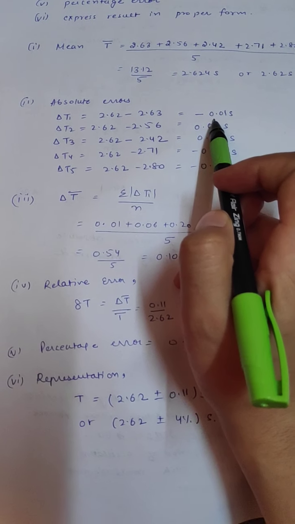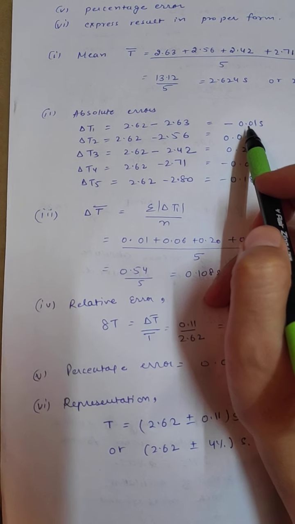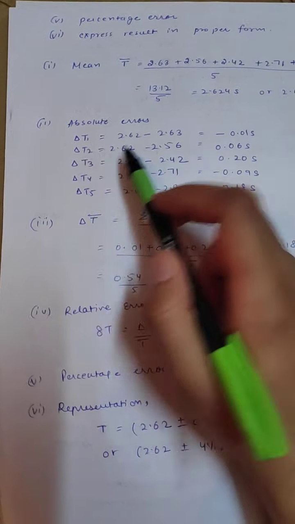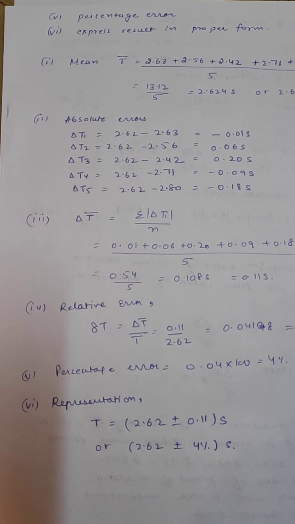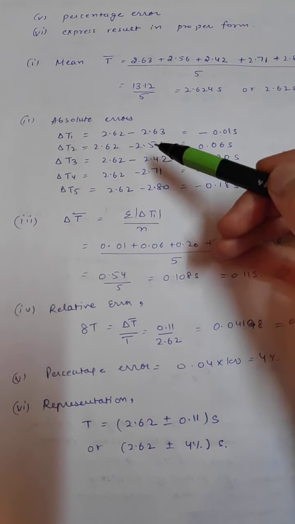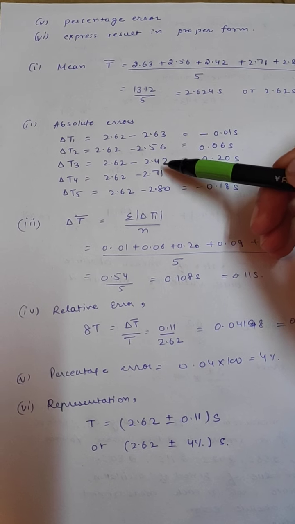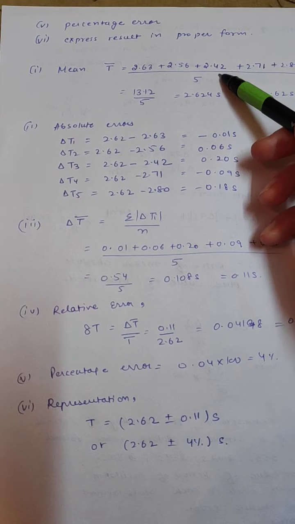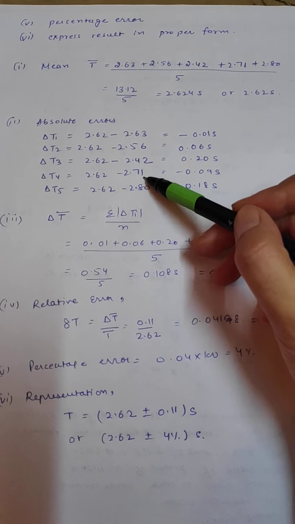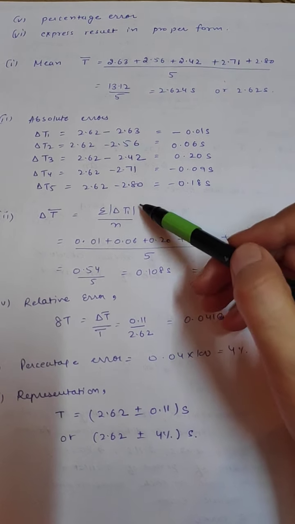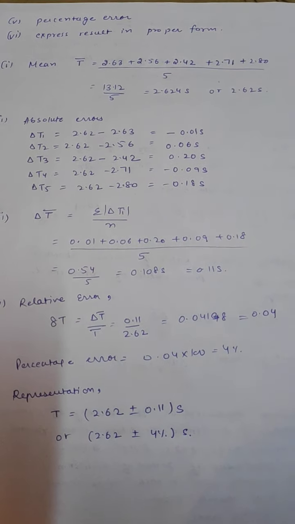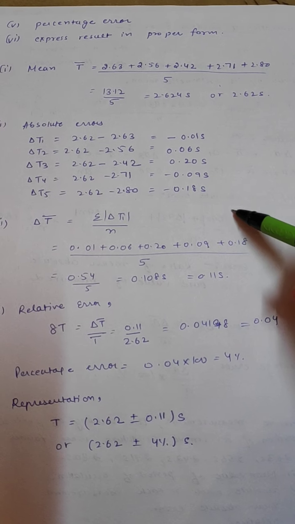I told you it can come negative. It may be negative or it may be positive. Similarly, delta T2, I'll subtract everything from my mean value. 2.62 minus 2.56. Next is 2.62 minus 2.42, 2.62 minus 2.71, 2.62 minus 2.80. So then I'll get all these values.